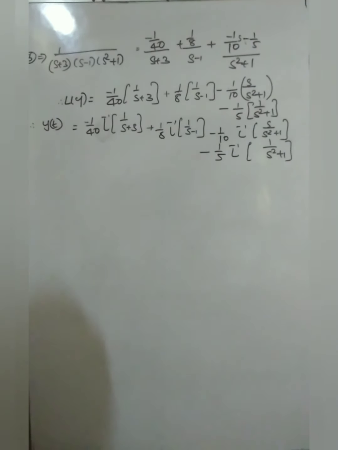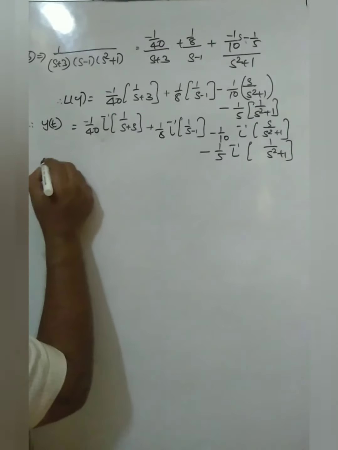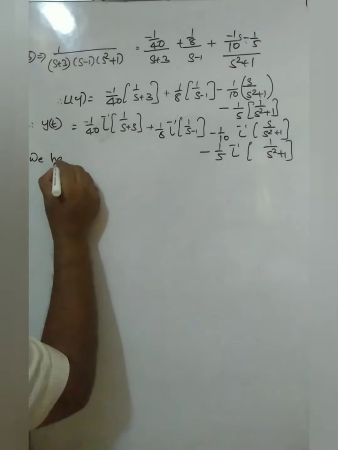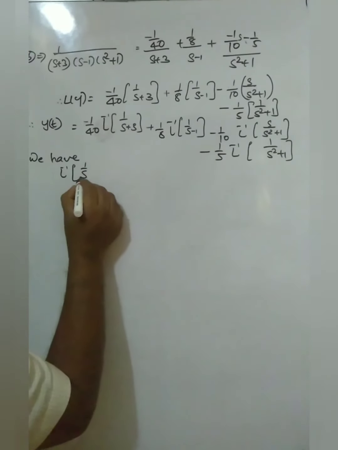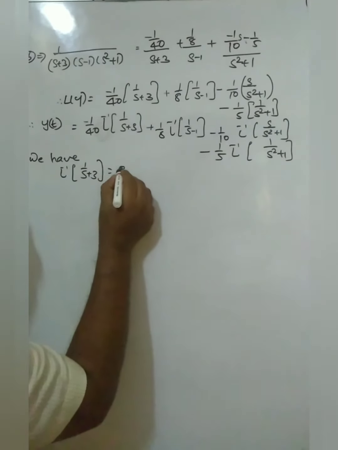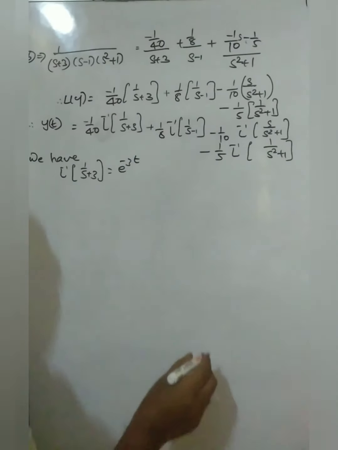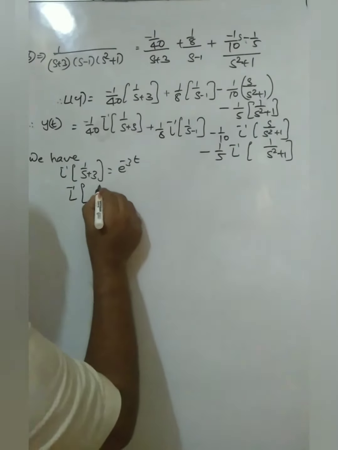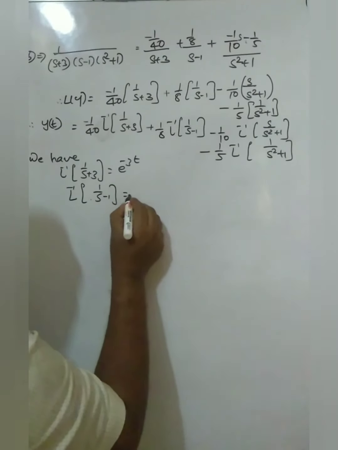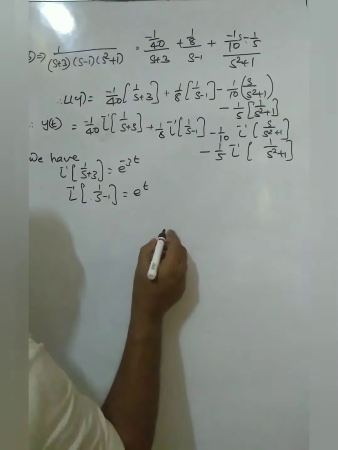Now we can apply the formulas. We have L inverse of 1 by s plus 3 equal to e raised to minus 3t, and L inverse of 1 by s minus 1 is equal to e raised to t.